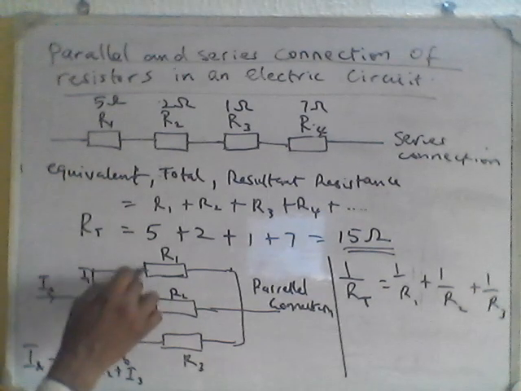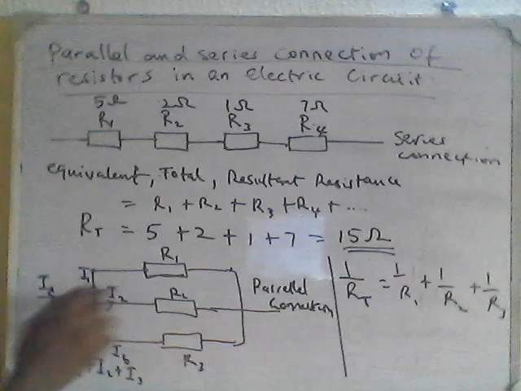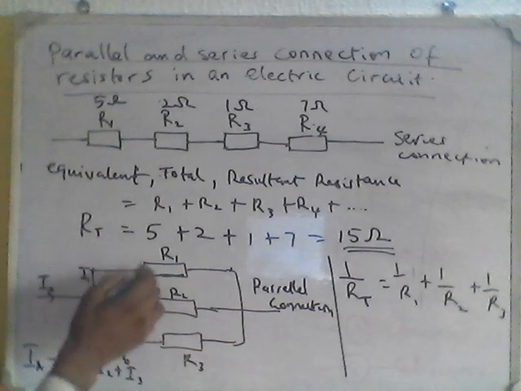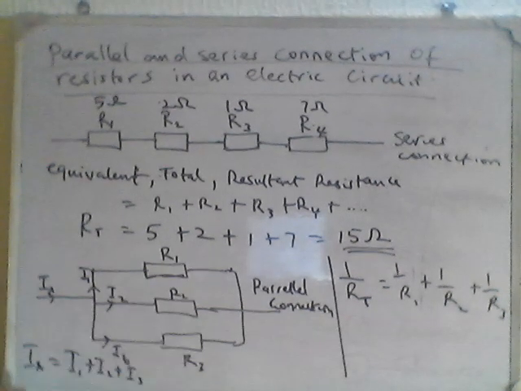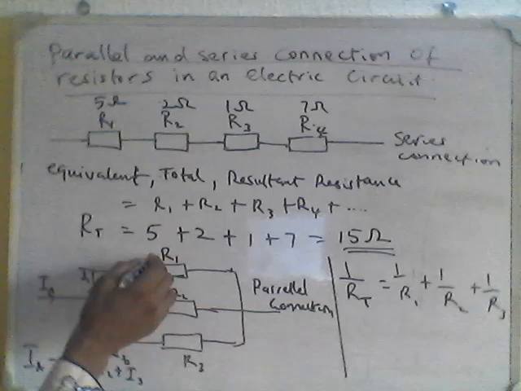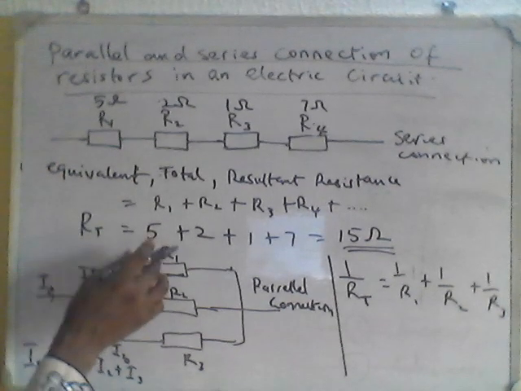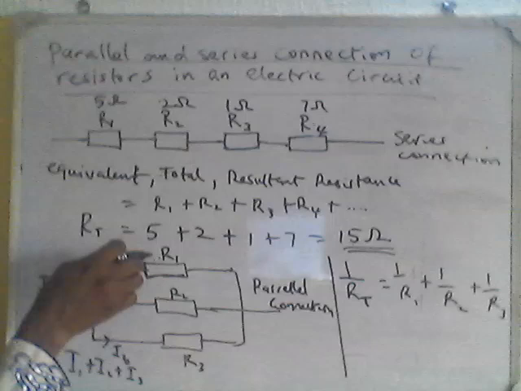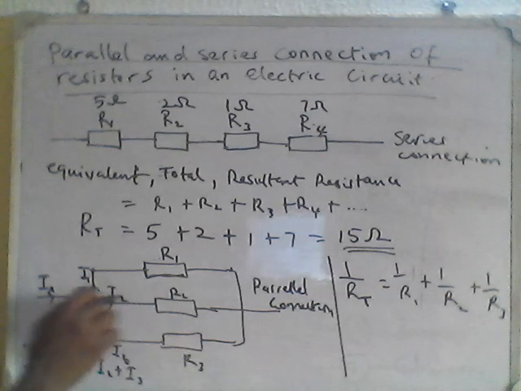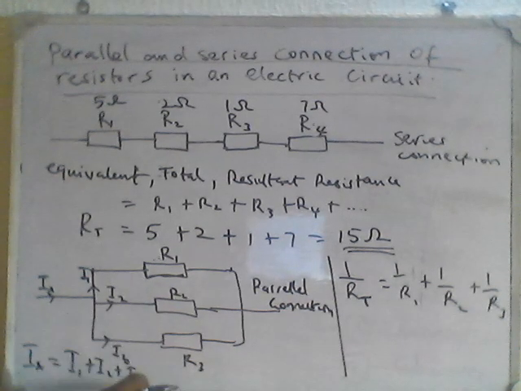Remember, we said resistance limits current. We'll talk more about Ohm's law, and we'll see how this plays out. The more the resistance here, the lesser the current that will come here, because the higher resistance will limit current flow. Lower resistance will increase current flow, and so on and so forth.